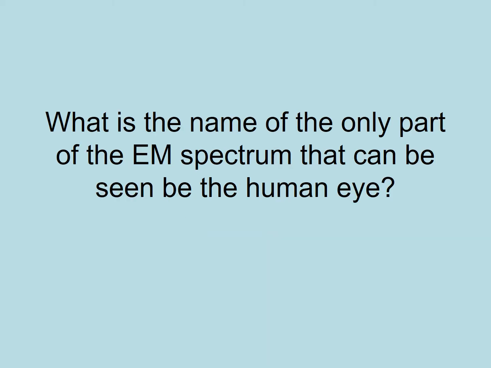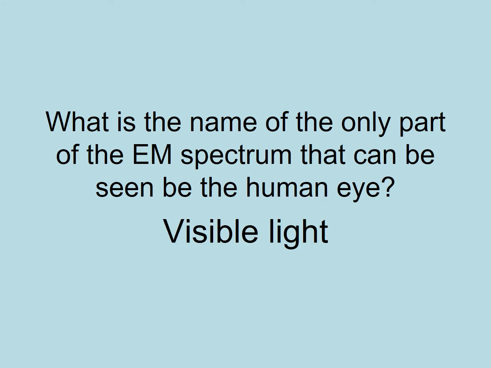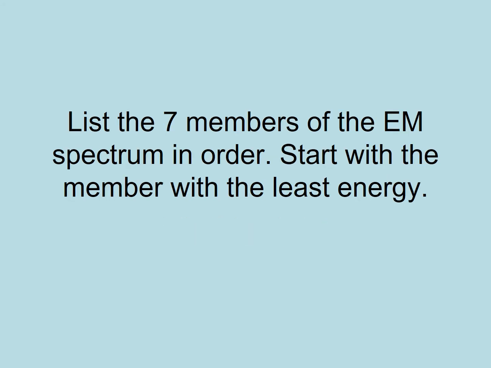What is the name of the only part of the EM spectrum that can be seen by the human eye? Visible light. List the 7 members of the EM spectrum in order. Start with the member with the least energy.